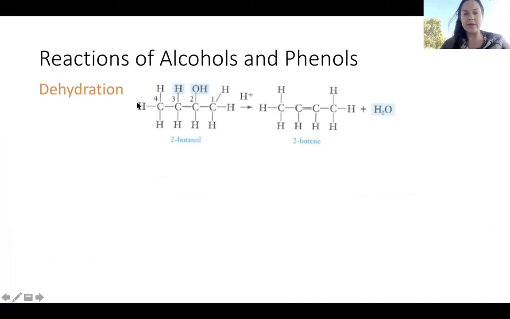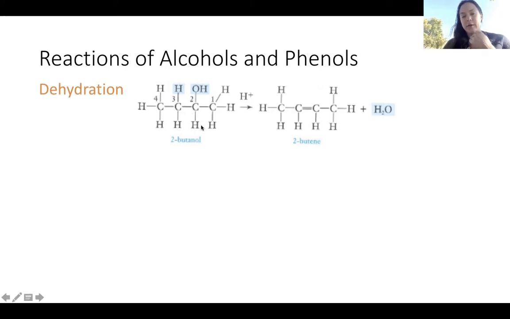So we can do a dehydration. This is the exact opposite of what we just saw about the formation of alcohols. Instead of adding water across a double bond, we can remove a water molecule from alcohol and get the alkene. Remember, just a couple slides ago, we saw it the other way, adding water across the double bond and getting the alcohol.